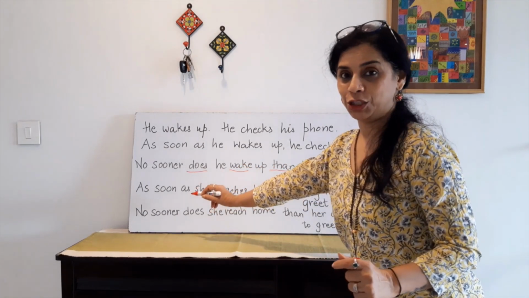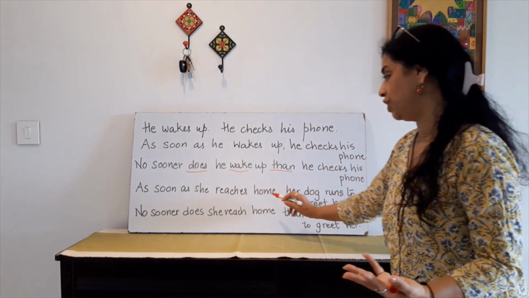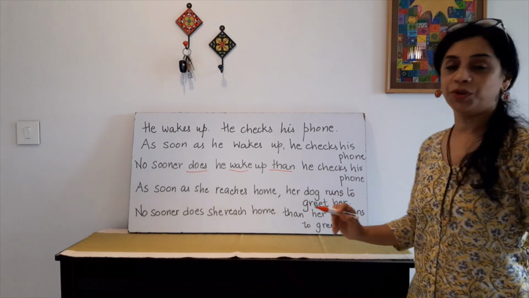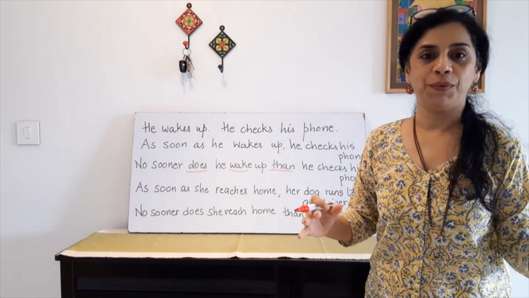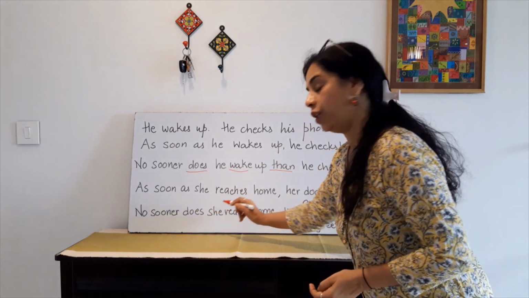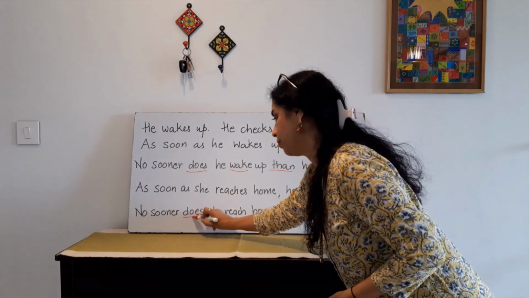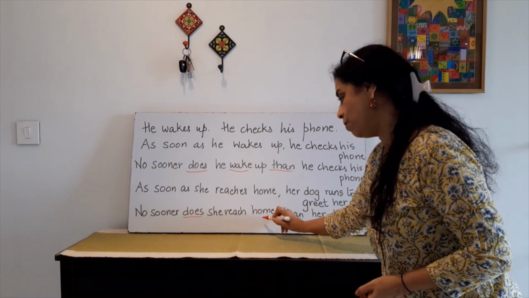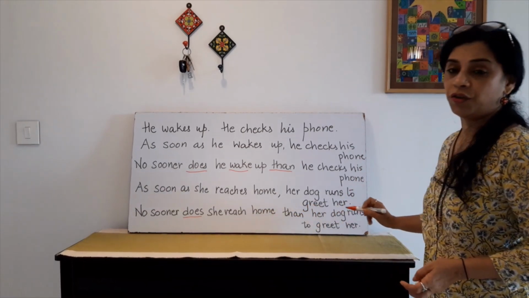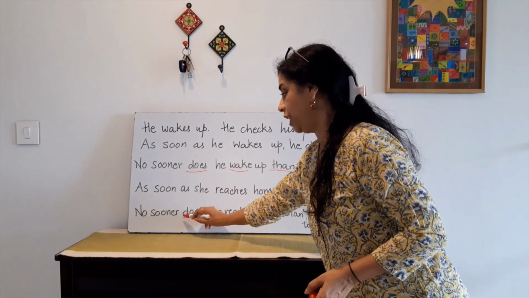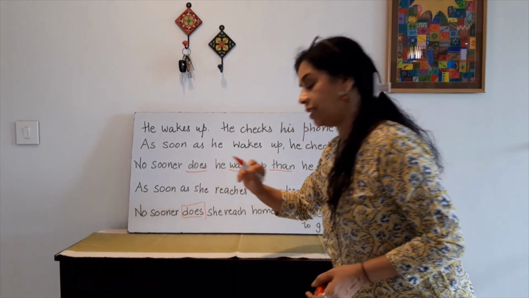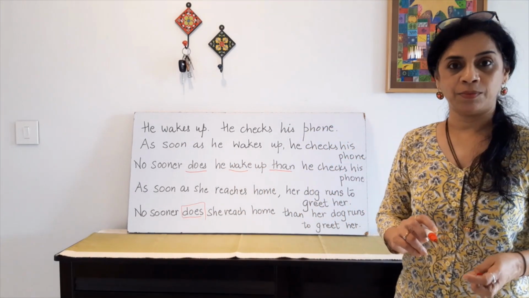Second situation, let's take, as soon as she reaches home, her dog runs to greet her. So the minute she reaches home, her dog runs to greet her. No sooner does she reach home than her dog runs to greet her. So instead of did or was, the change here is does in the present tense.